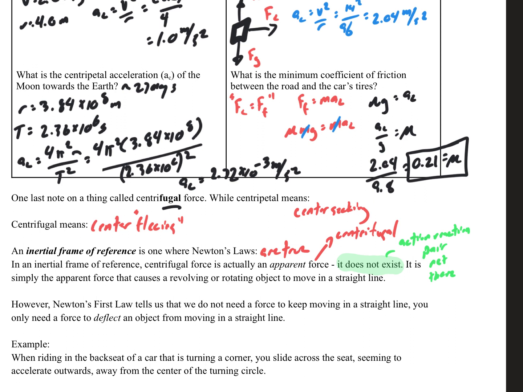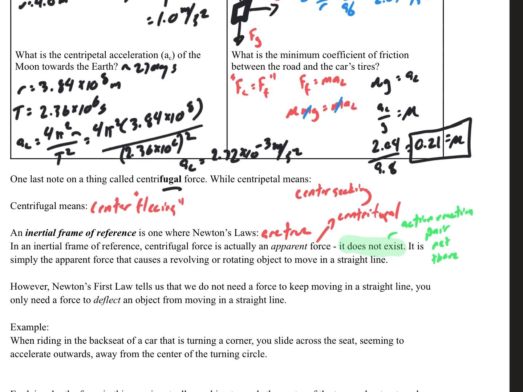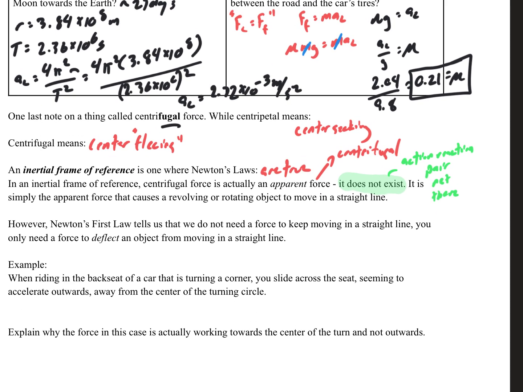But we know it's there. It's based on the inertial frame of reference. Down here at the bottom, we have a couple of things to talk about. Something is keeping the object from moving in a straight line. So what you feel is your inertia trying to keep going in a straight line.